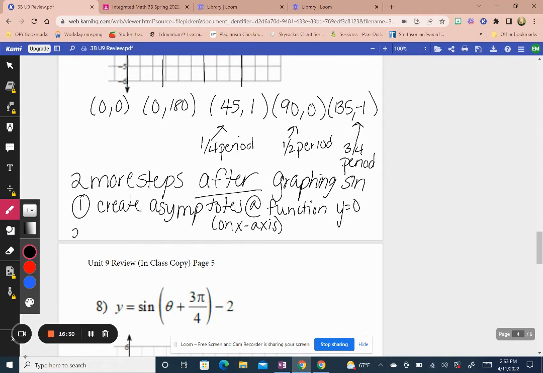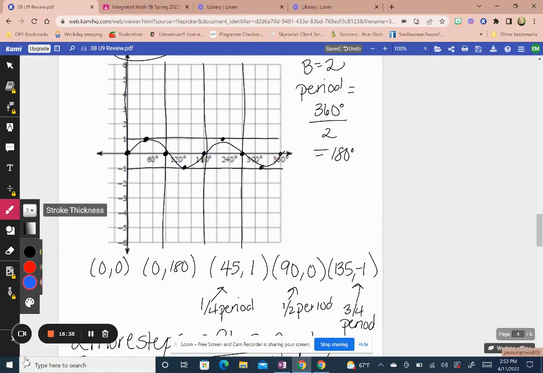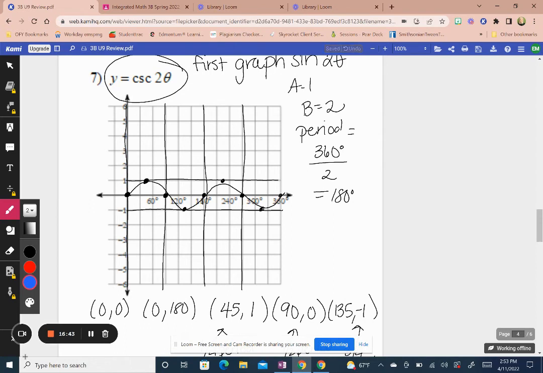And then step 2 is we're going to reflect the parabolas. So let's take a look over here. Let's make it a little bit thicker. Okay. So you can see there's a point right here. It kind of looks like an upside down U. So we're going to create a right side up U this way.